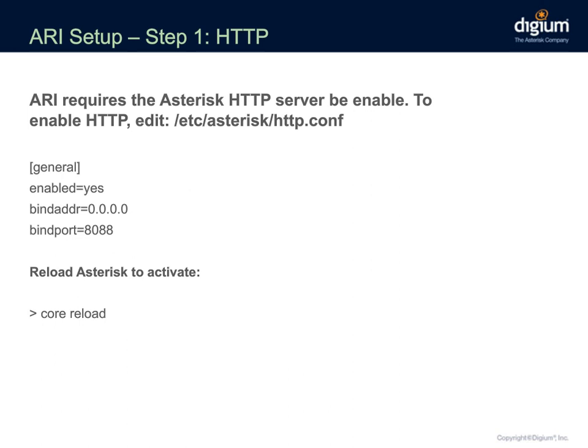So it's already there. All you have to do is turn it on. You need to go in and set enabled equals yes. The bind address you'll want to set to whatever makes sense for your system. In this case, 0.0.0.0 says all of the interfaces on this system. And the port by default is 8088. Once you've done that, you'll need to reload Asterisk to get that enabled.